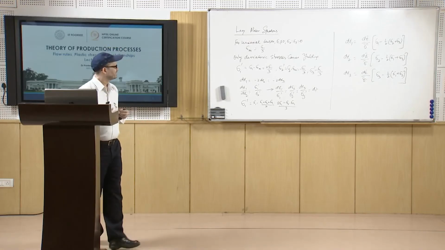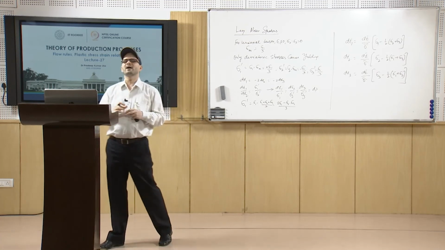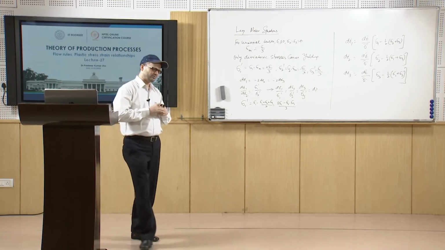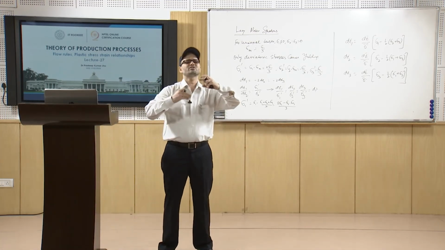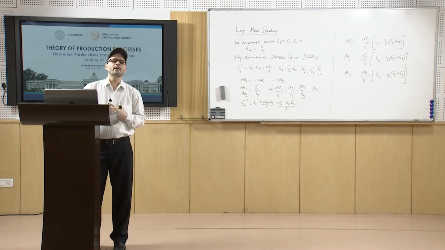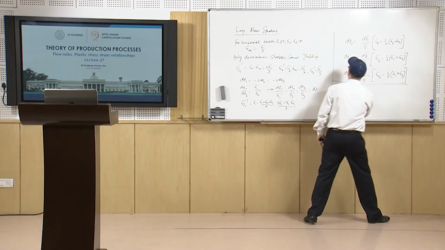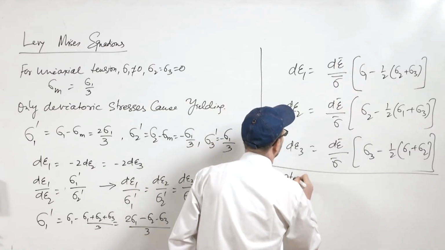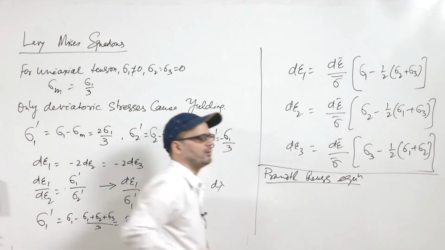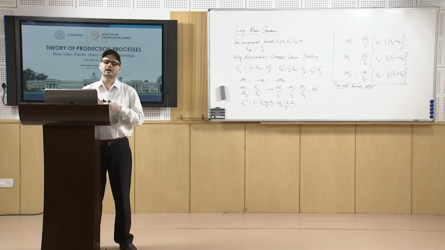The Levy-Mises equation talks only about the condition of plastic strain. The second equation is the Prandtl-Reuss equation, which talks about the elastoplastic solid. Whenever we have to deal with problems in which we have strain in the elastic region also, the total strain will be the strain in the elastic region plus the strain in the plastic region.